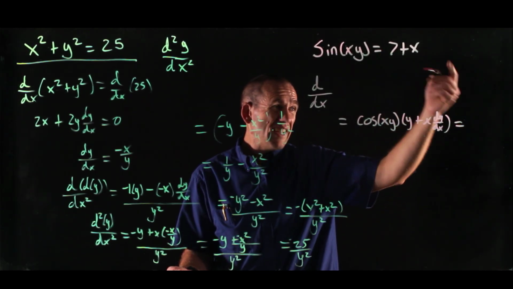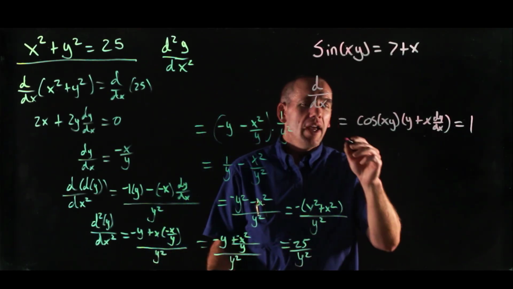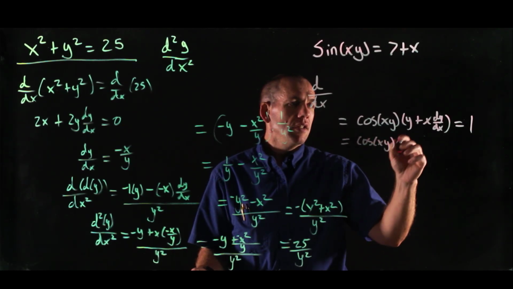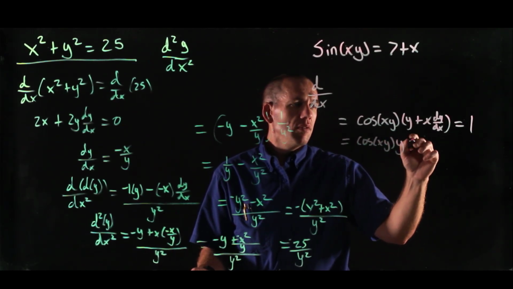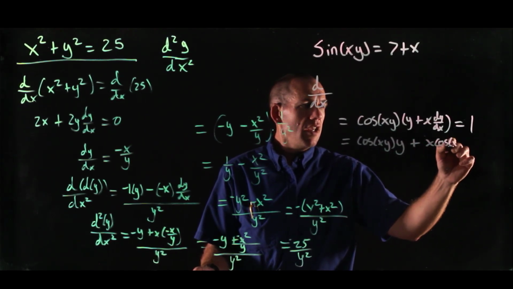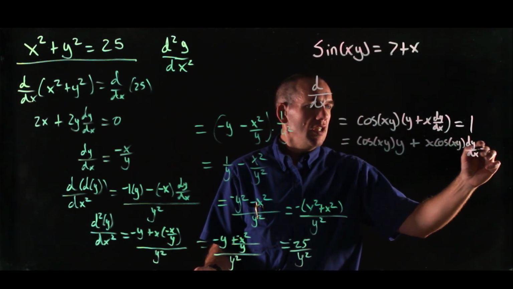The derivative of this side is 1, because the derivative of 7 is 0, the derivative of x is 1. So now this is equal to cosine xy times y plus x cosine xy dy dx equals 1.